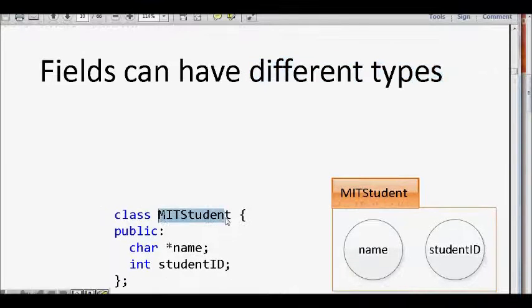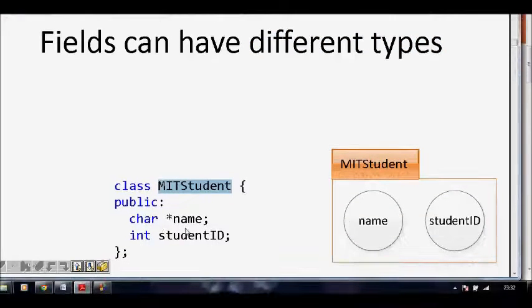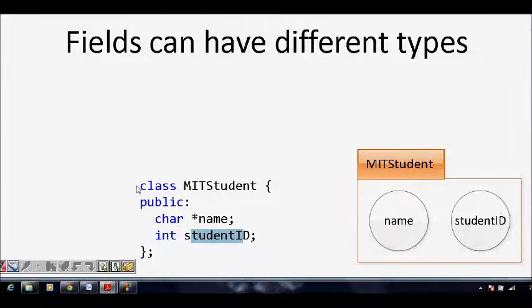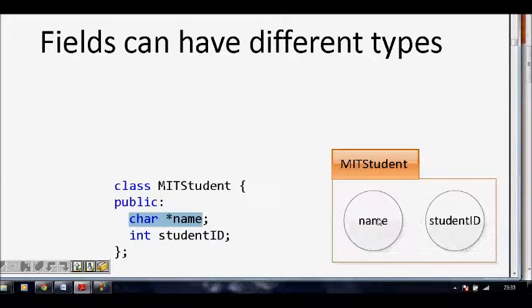The great MIT students will have a name which is of type char, an array of characters, and their student ID will be an int. So what this class explains is that it's not necessary that your members have the same type. They can have different types. Name is of type char array and student ID is an integer.